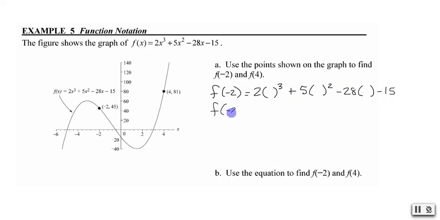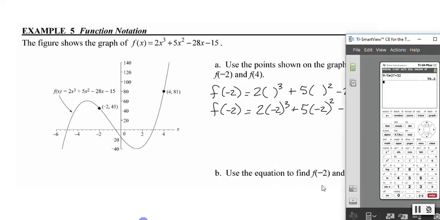And so f of negative 2 is 2 times negative 2 cubed plus 5 times negative 2 squared minus 28 times negative 2 minus 15. And yes, you can definitely use your calculator on this.